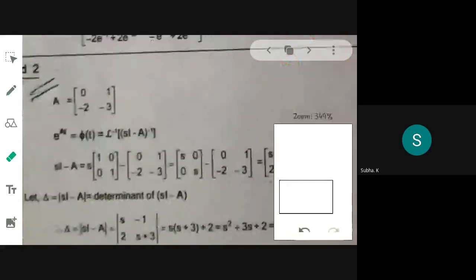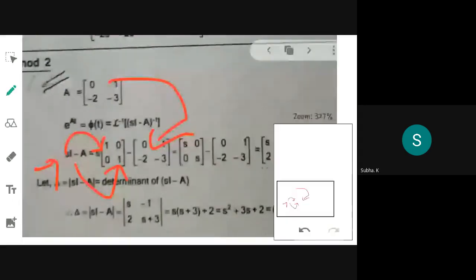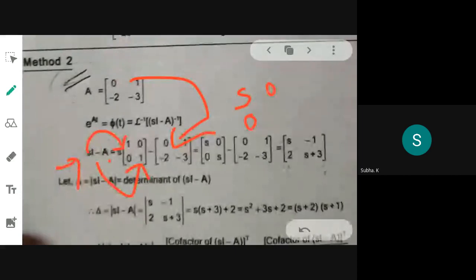So this is how you substitute SI minus A. A is this one, I is the unity matrix, and S you substitute here. As usual, you proceed with the multiplication. If you multiply, it becomes S, 0, 0, S. Then you subtract 0, 1, minus 2, minus 3.